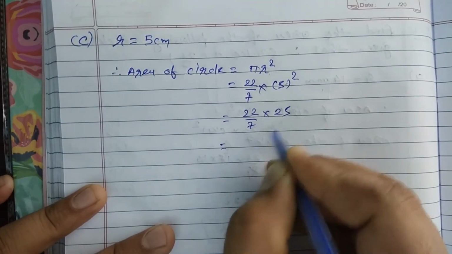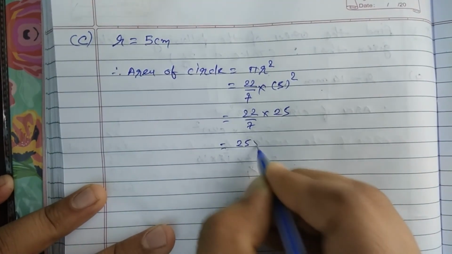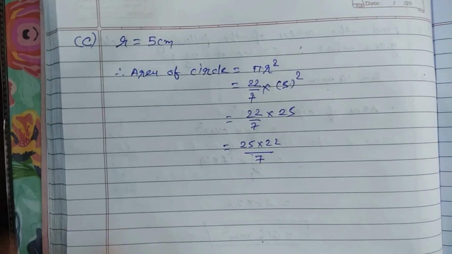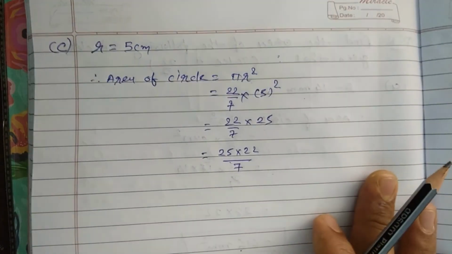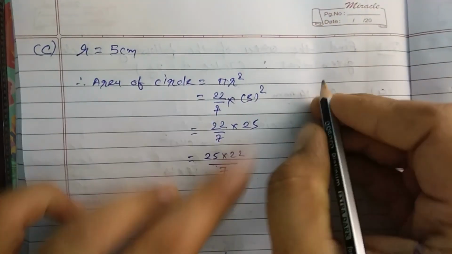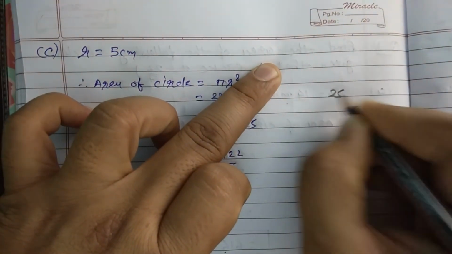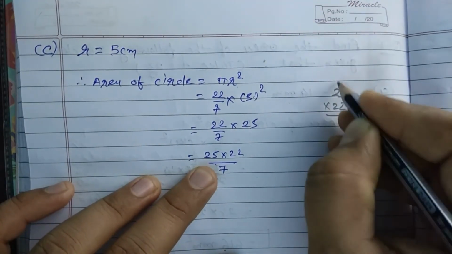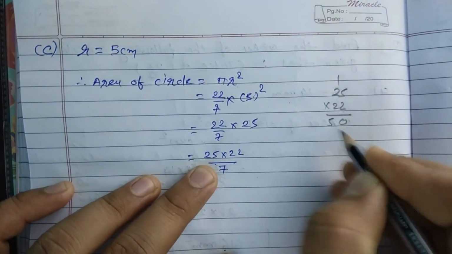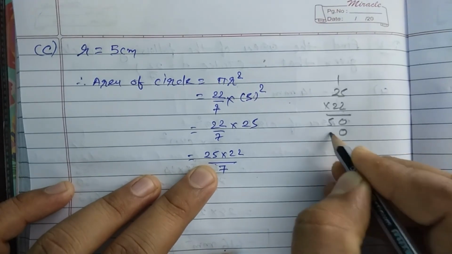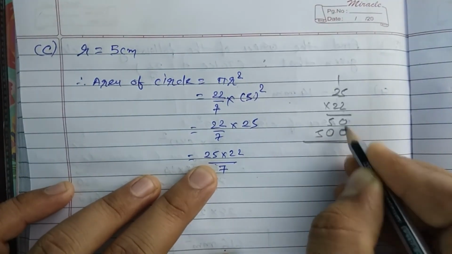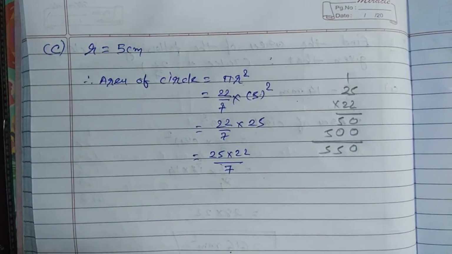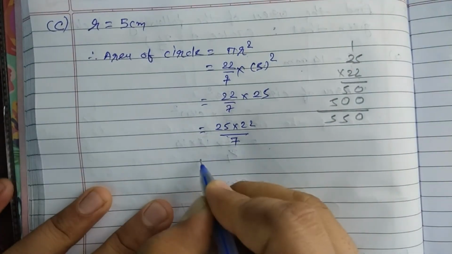So here we will do this multiplication: 25 multiplied by 22 divided by 7. 25 multiplied by 22. 5 twos are 10. 2 twos are 4 plus 5, that is 5. Here 0, same way 0 and 5. So 0, 5, 5. So what we got? 550.